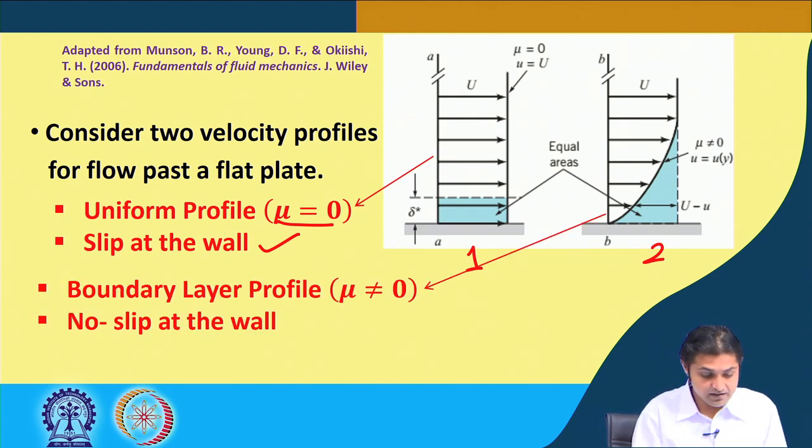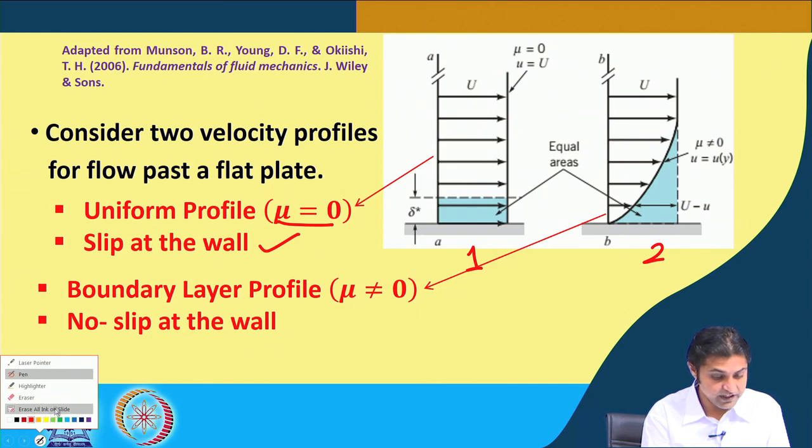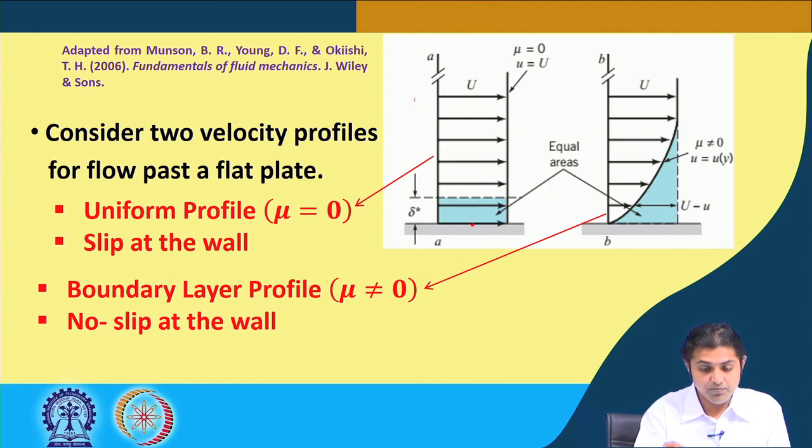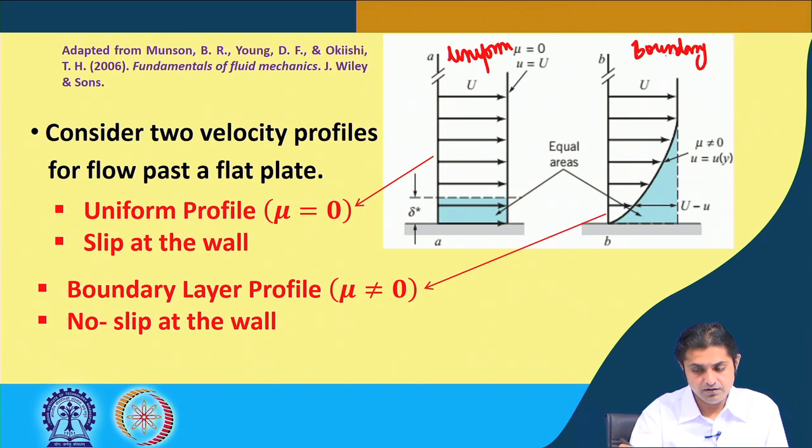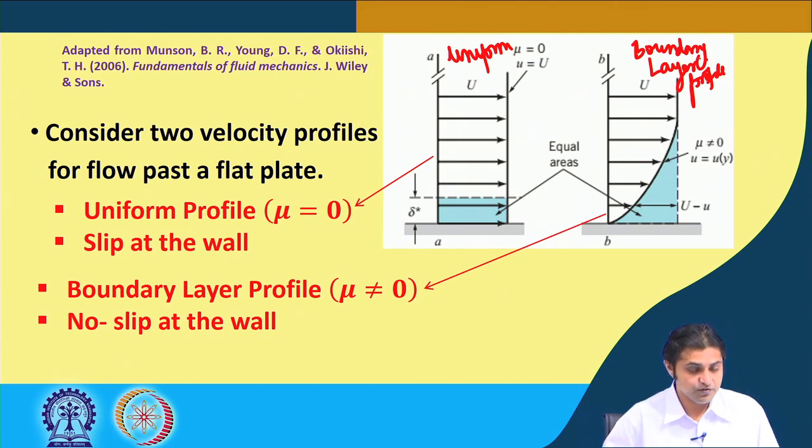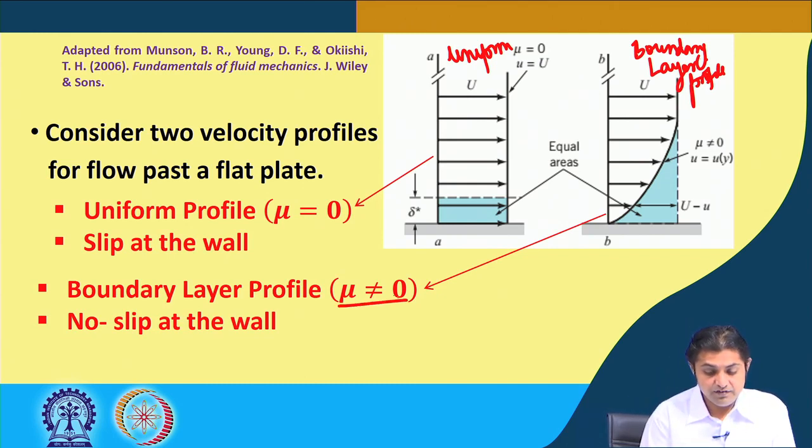The second is the boundary layer profile. This was the uniform profile, and this is the boundary layer profile. Here there will be some viscosity and mu is not equal to 0, and there is going to be no slip at the wall.